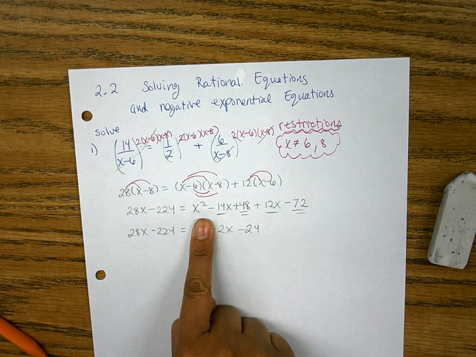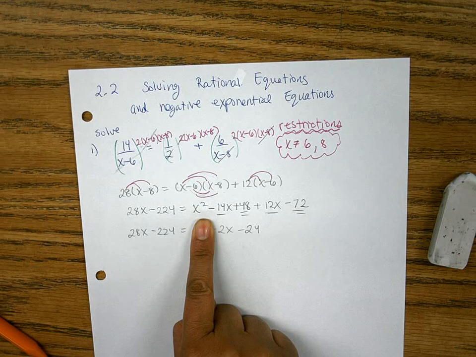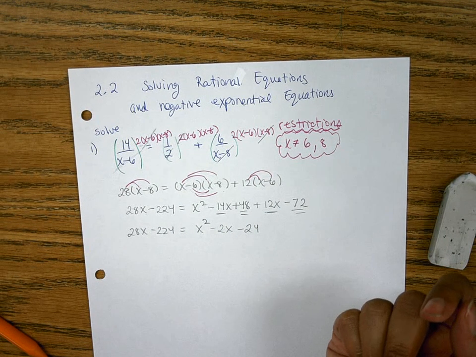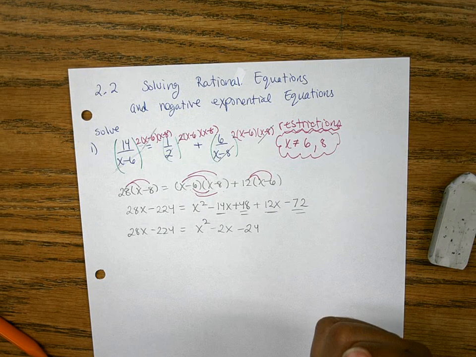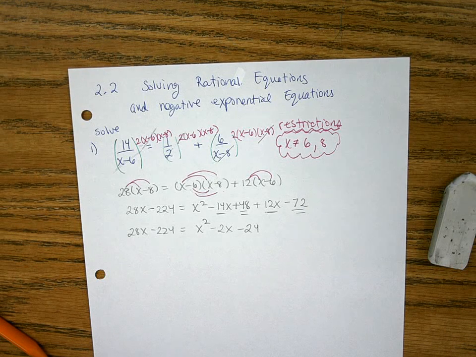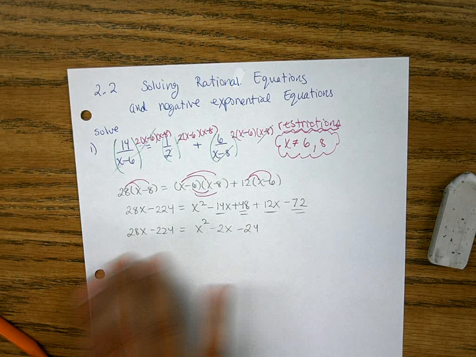Now I can see I'm solving. Now if this x squared was not there and I just had this to solve, that would be a typical two-step equation. Move the x's to one side, constants to the other, divide, reduce, and you're good. Once you throw an x squared in there, these are the ones where you want to get everything to one side so we can get it equal to 0, then factor and solve using the zero product property.